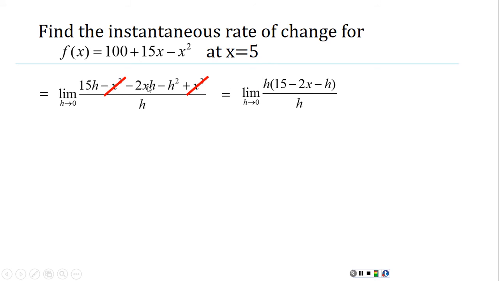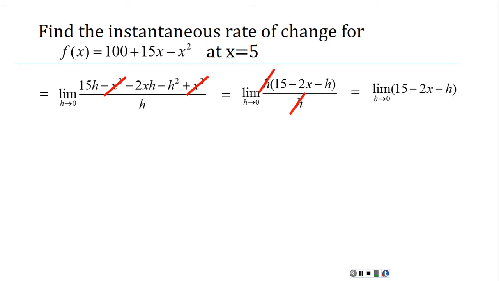Here it left me with minus 2x, and here it left me with minus h. Okay. So this was my whole goal. I wanted to factor an h out so it would be multiplied so that I can now cancel it. And why would I want to cancel the h's? So that I could plug 0 in for h without causing the denominator to be 0. So now I can cancel those h's.